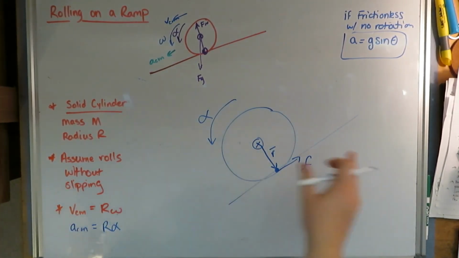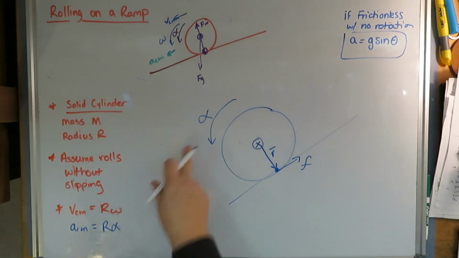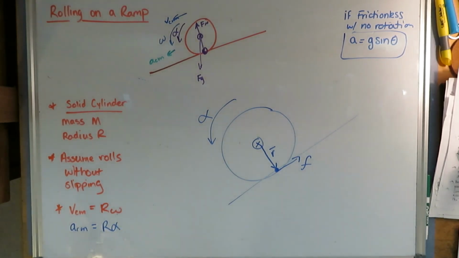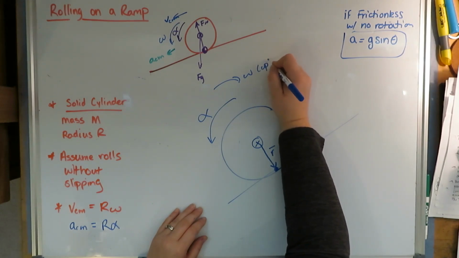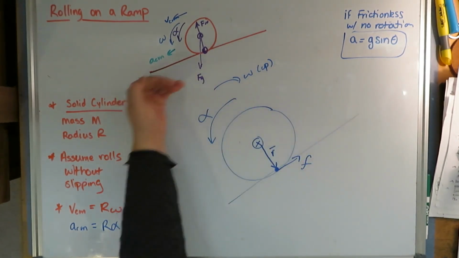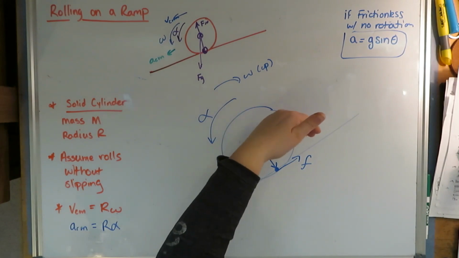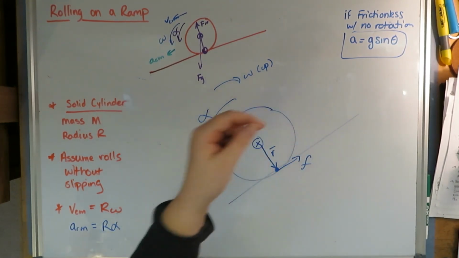So whether I'm rolling down the ramp or rolling up the ramp, my angular acceleration is always in the same direction. Because if I'm rolling up the ramp, my omega would be going, in this case, the clockwise direction. So when I'm going up the ramp, I'm slowing.